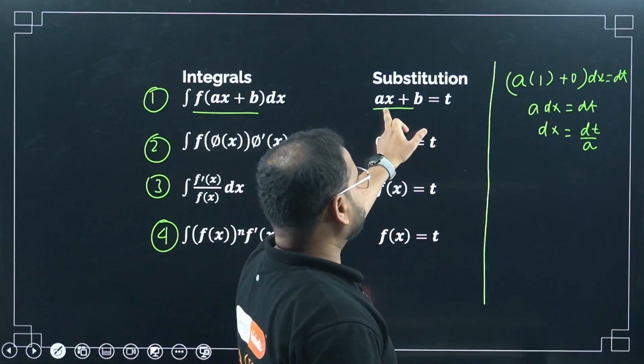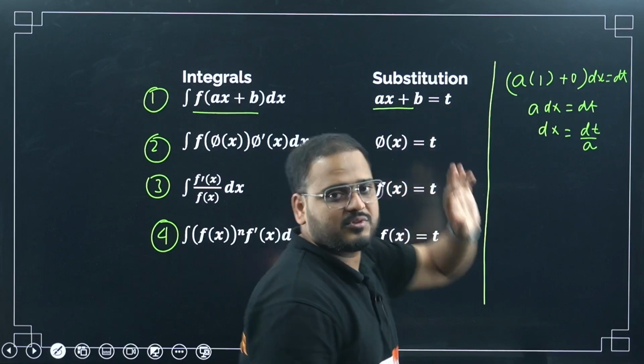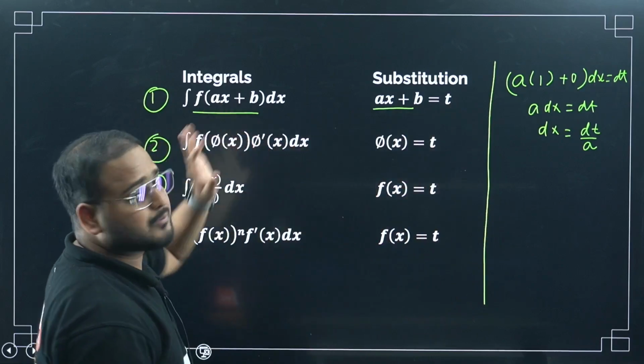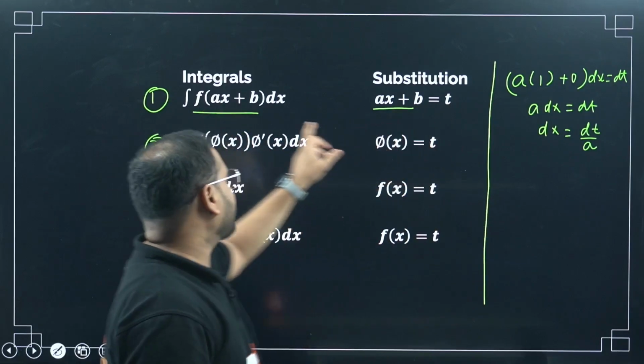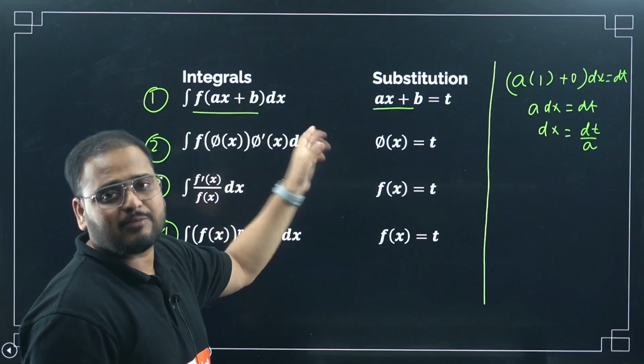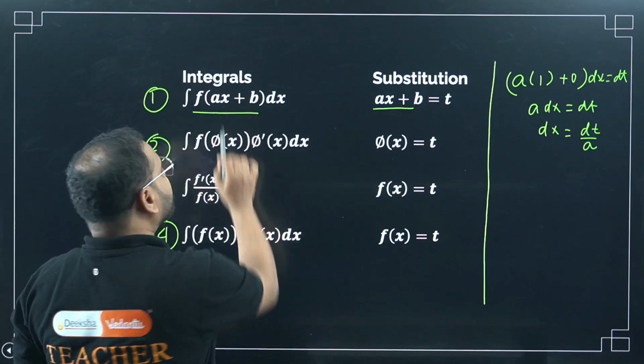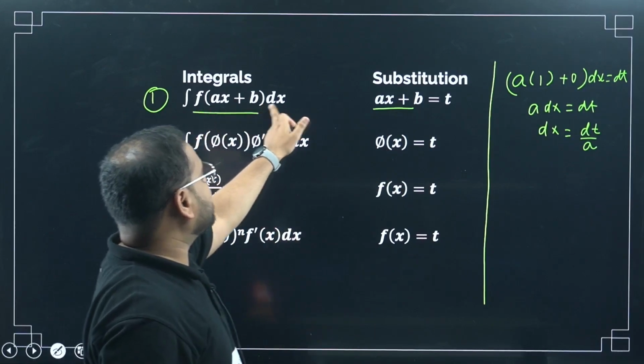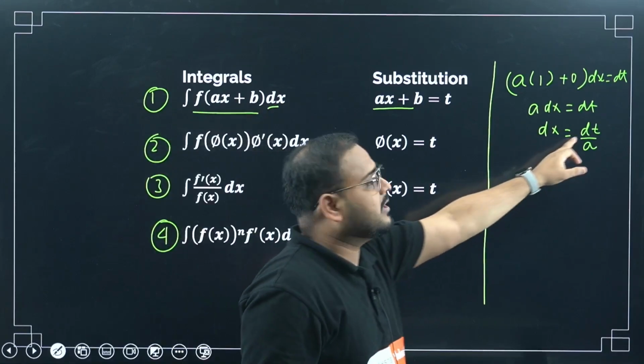So I took ax plus b as t. If I'm taking this substitution, I have to change all the variables. Wherever there is x, I have to change the variable, so it will be in terms of t, and I have to change dx also. My dx is now dt by a.